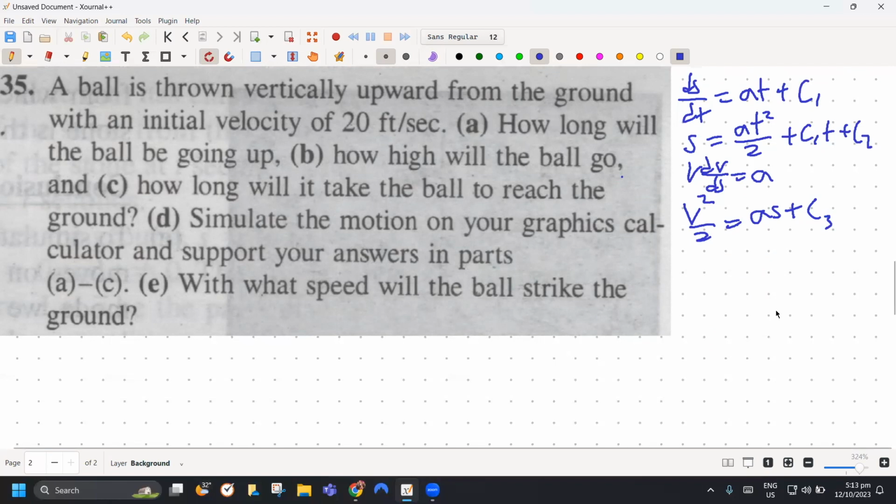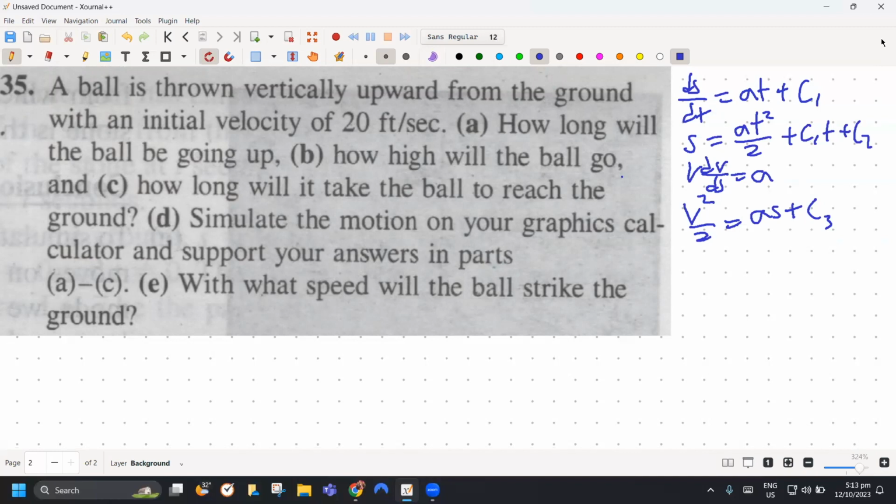The problem: a ball is thrown vertically upward with an initial velocity of 20 feet per second from the ground, which means when t equals 0, s is equal to 0, v is equal to 20.